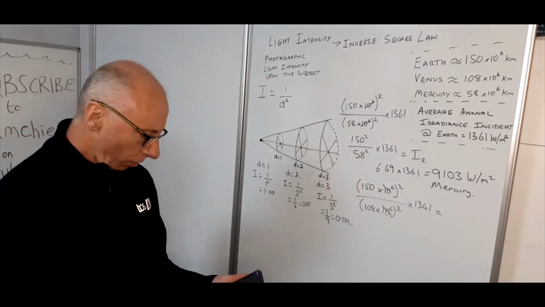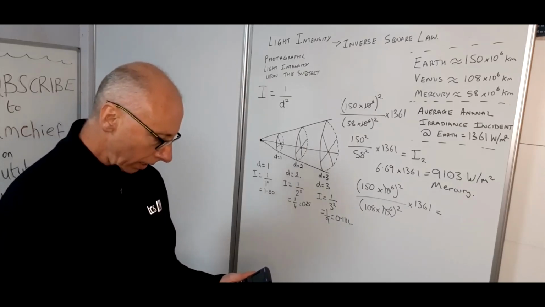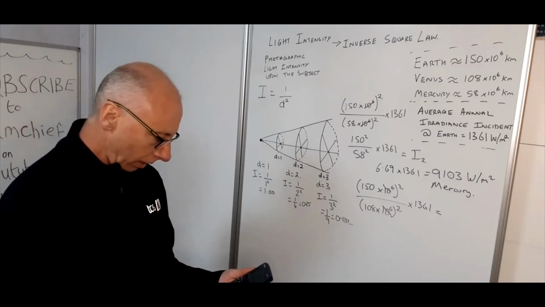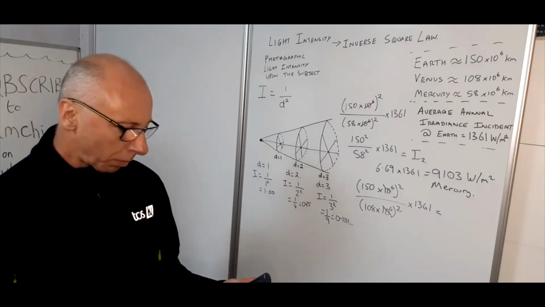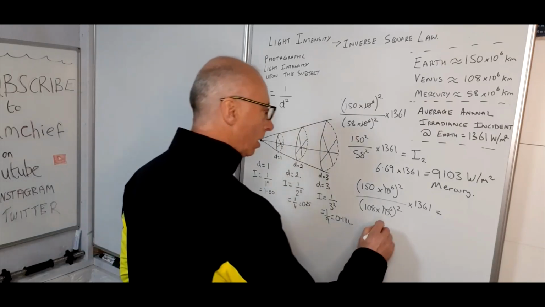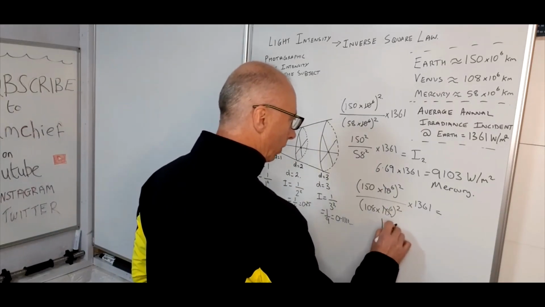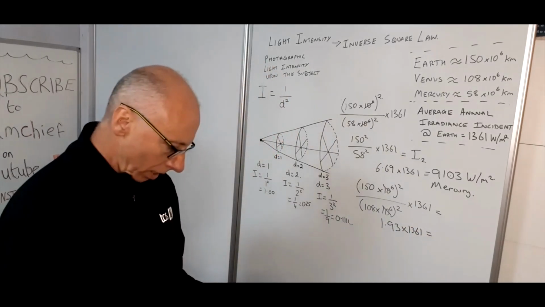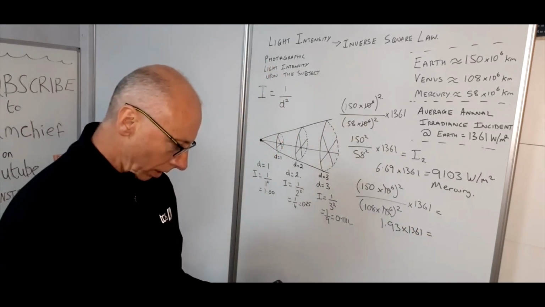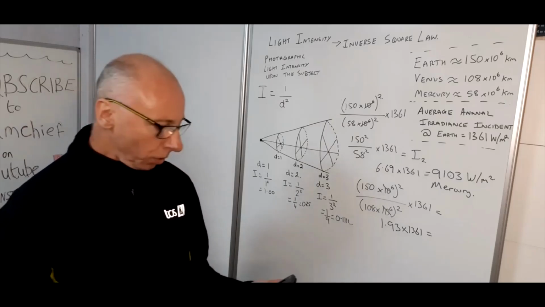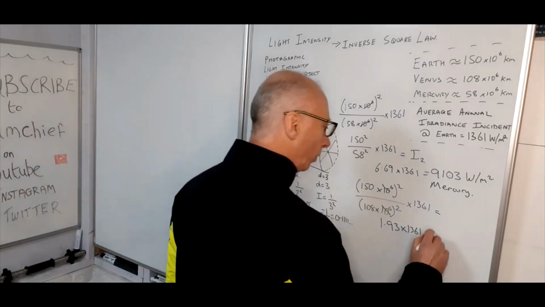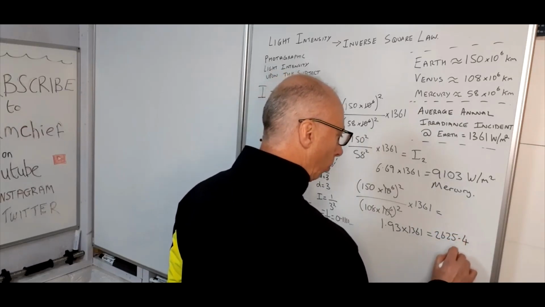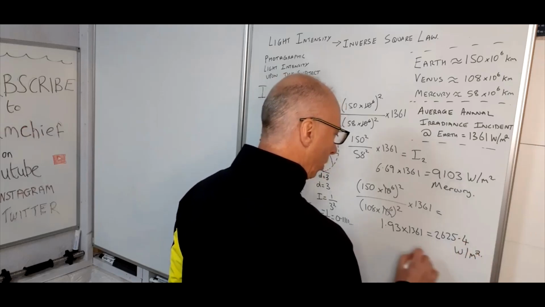So now we've got 150 squared divided by 108 squared, which is approximately 1.93. So 1.93 times 1361 is going to give us approximately 2,625.4. And that's watts per meter squared.